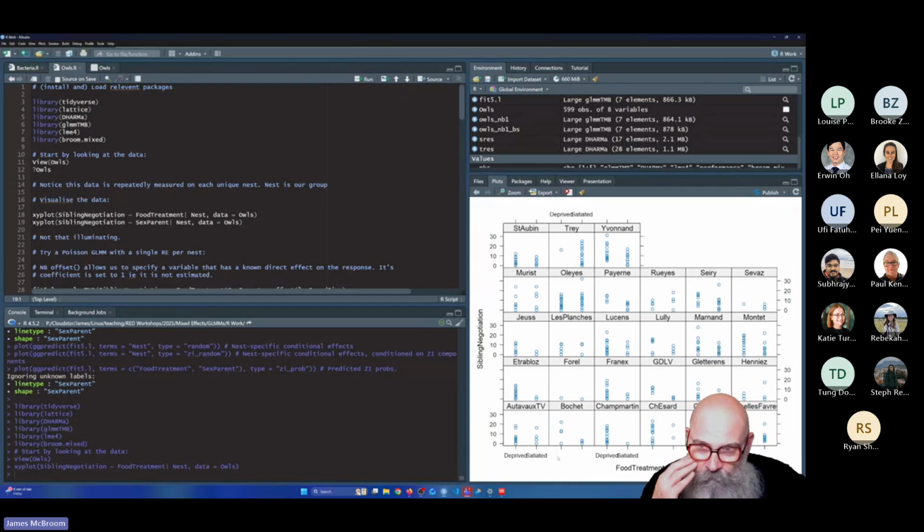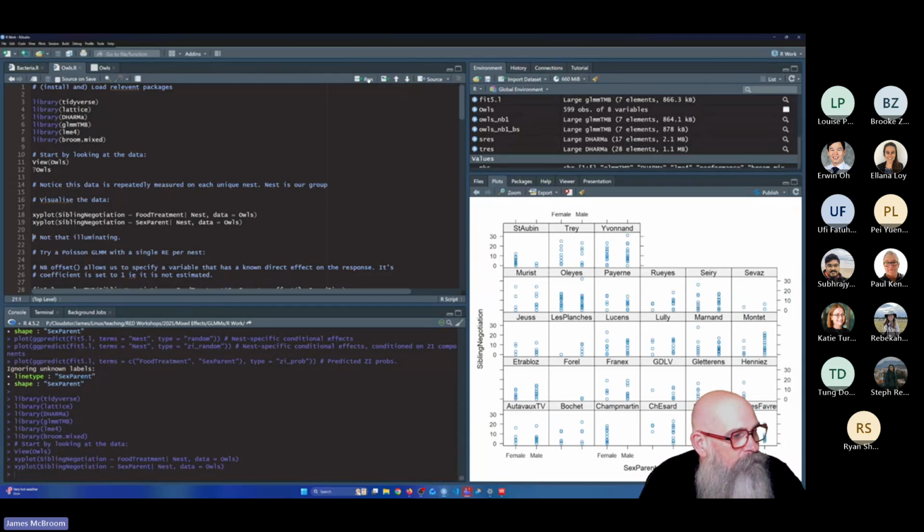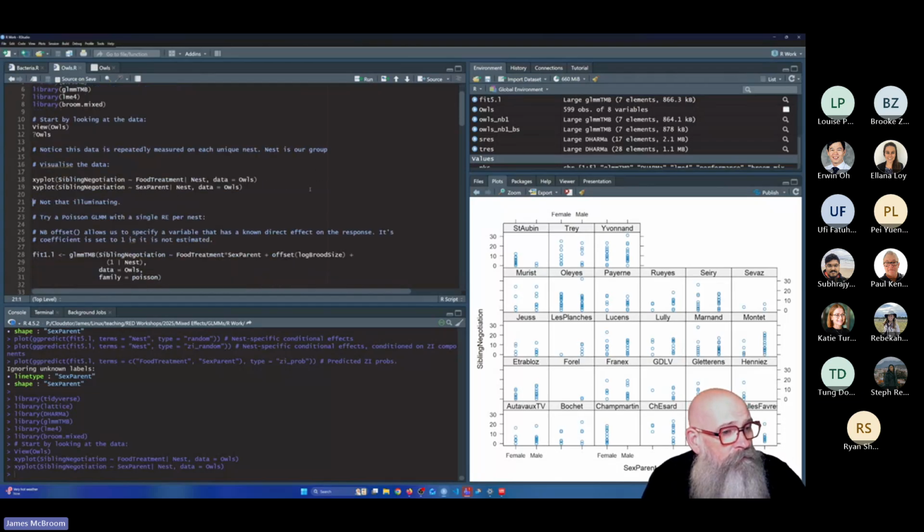That's why there's two columns of numbers in the picture, per nest. So this is a panel plot per nest. And I can do another one for the sex of the parent as well, see if there's anything to see. It's hard to see anything in these pictures, to be fair. I'll probably do some more interesting things than what I've done, but time was limited. So I made a stab at visualization, but we're going to jump straight into the analytical approach.